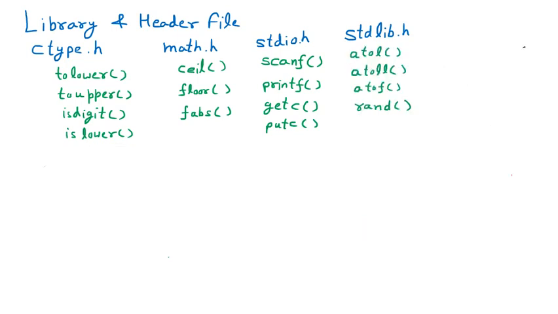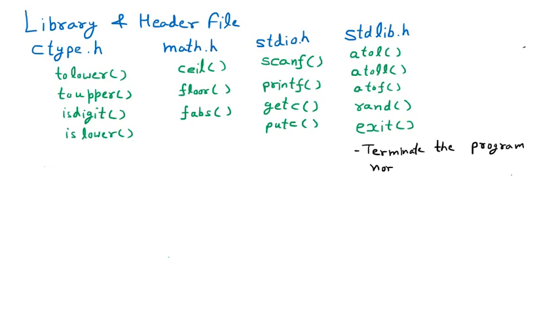The next function we are discussing under the stdlib is the exit function. Now the exit function is going to exit the program immediately. So that's why the exit function is used. Talking about the exit function, the main important thing is that it is going to terminate the program normally.